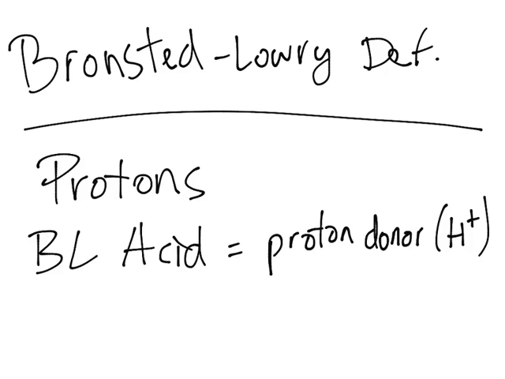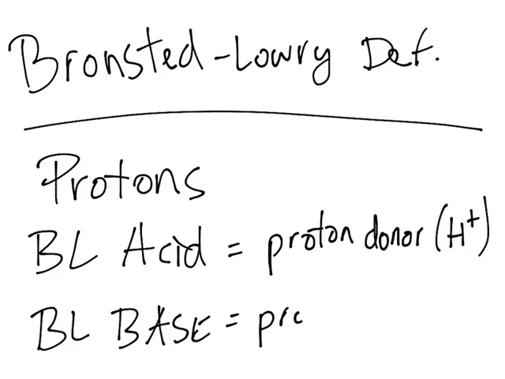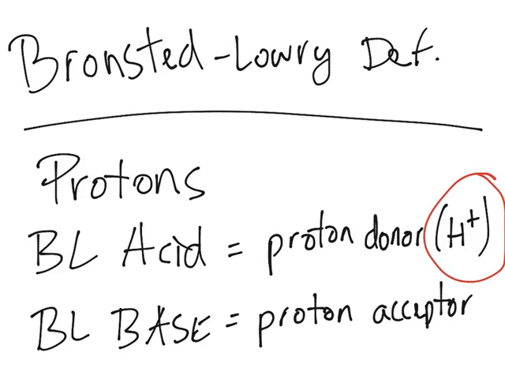I'll explain this better with an actual example. Then the Bronsted-Lowry base would simply be the proton acceptor, the compound that accepts this H+, this hydrogen ion.